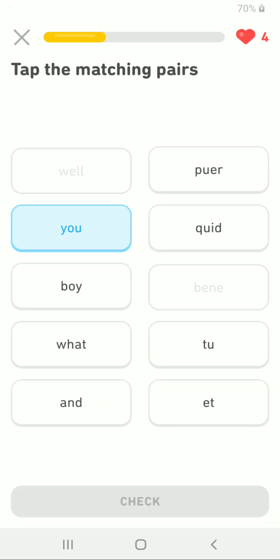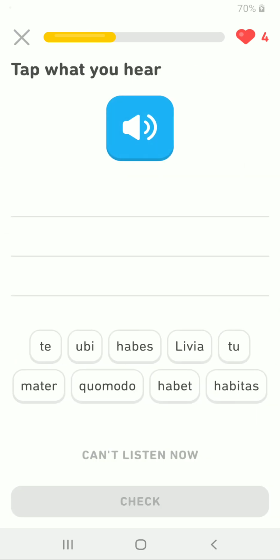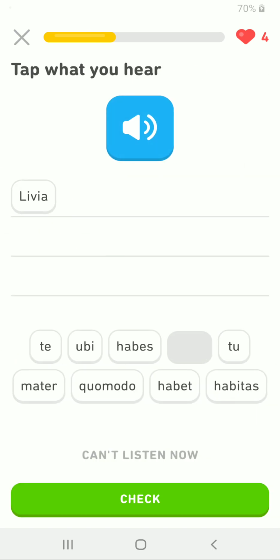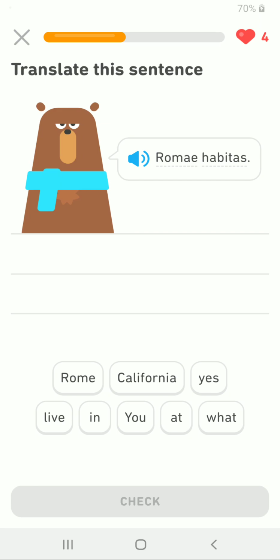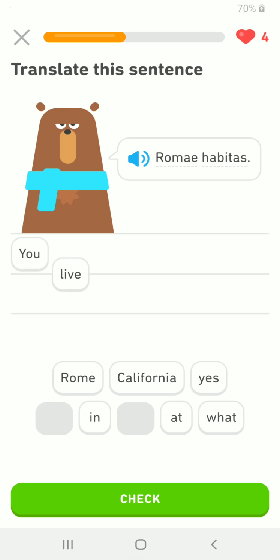Well, it's bene, tu. Bene. Tu. Boy is puer, and et. Livia, quomodo tu te habes? So we got that one. And Romae habitas. So you live in Rome.